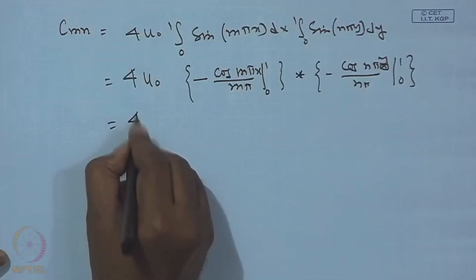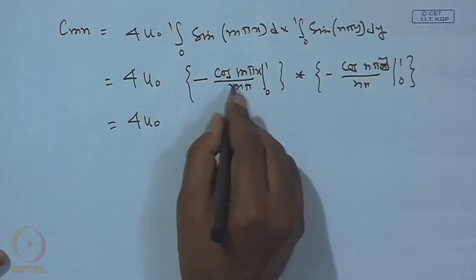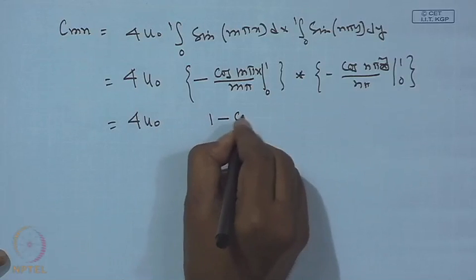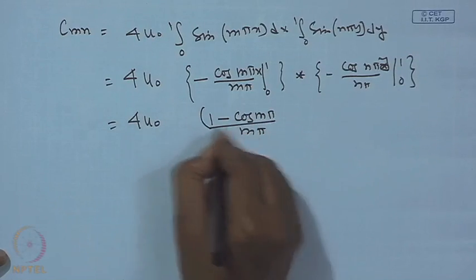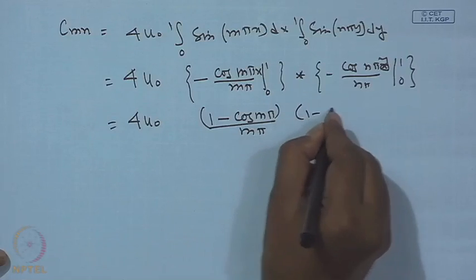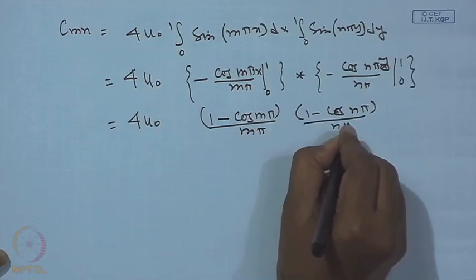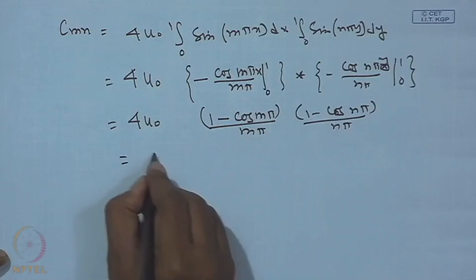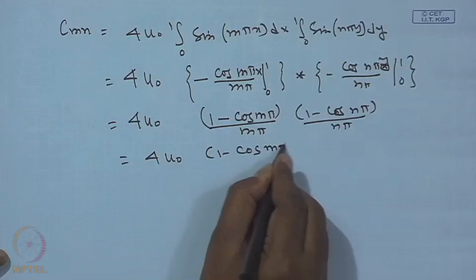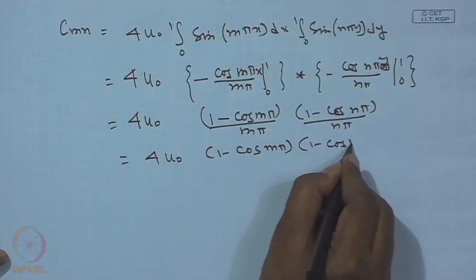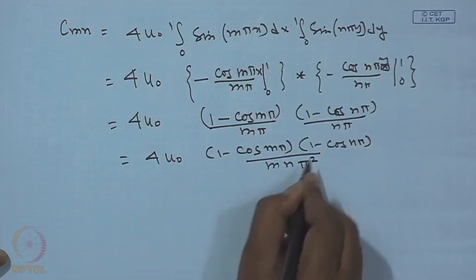So, this will be 4 u naught, and cos 0 is 1, so it will be 1 minus cosine m pi divided by m pi, and 1 minus cosine n pi divided by n pi. Ultimately you will be getting 4 u naught, 1 minus cos m pi into 1 minus cos n pi, divided by m n pi square.